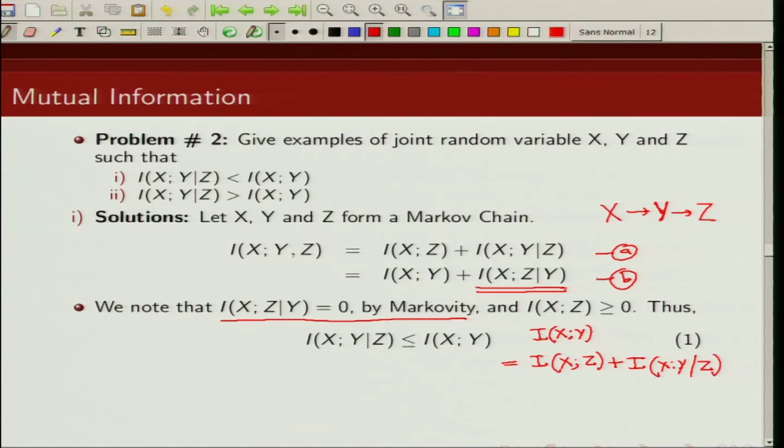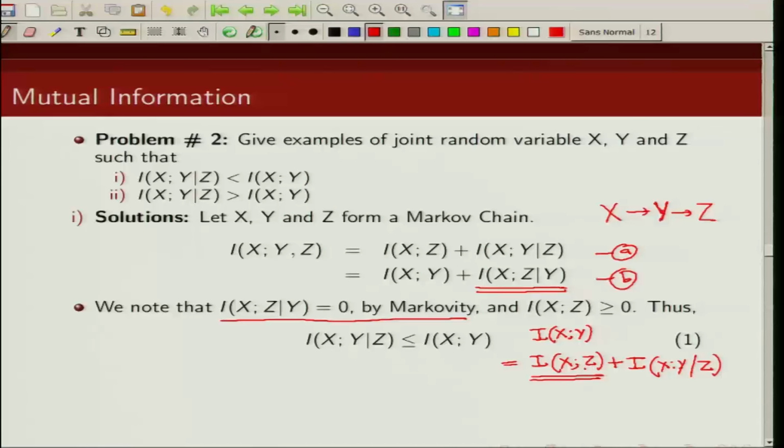Now, what is mutual information? Mutual information is the divergence between the joint probability distribution and the marginals. So the mutual information between x and z would be the divergence of the joint distribution of x and z and the marginals px and pz. Now, we know that divergence is always greater than or equal to 0.